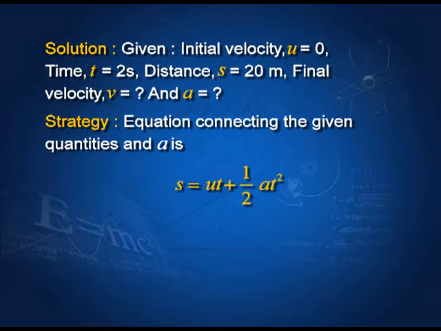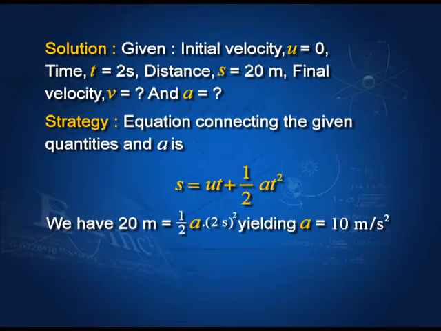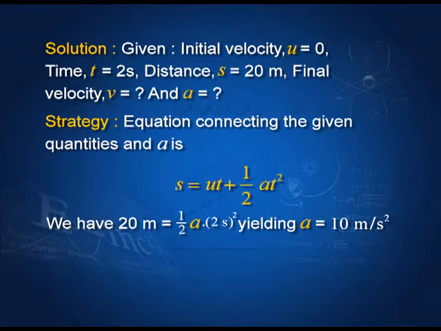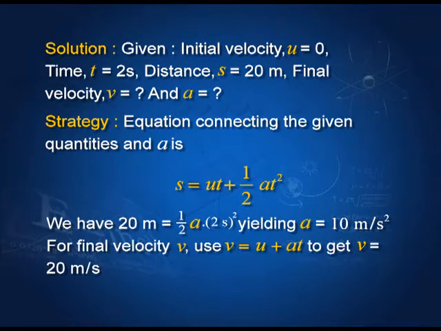We use this equation and we find a equal to 10 meters per second square. Once we have found a, we can find v. v is equal to u plus a t. Substitute the value of u and the value of a we have just found. t is 2 seconds, and we get v equal to 20 meters per second.